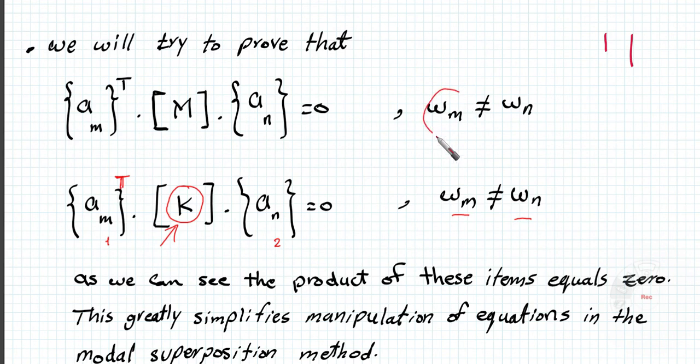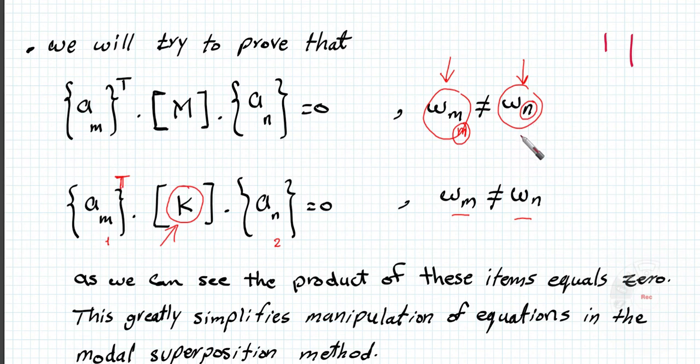What is the meaning of omega M and omega N? This is the circular frequency based on which mode M is going to vibrate. And omega N, the same, is the circular frequency based on which the Nth mode is going to vibrate.